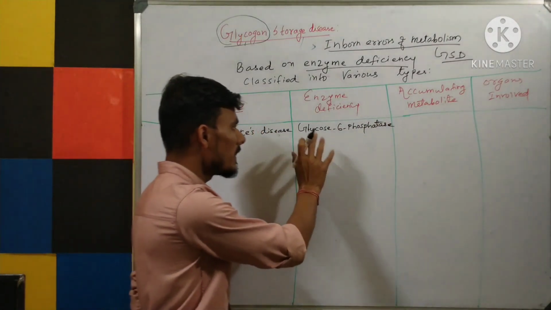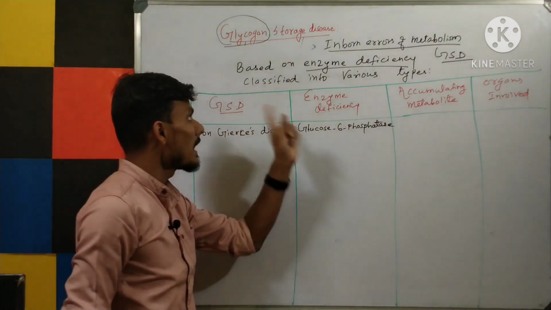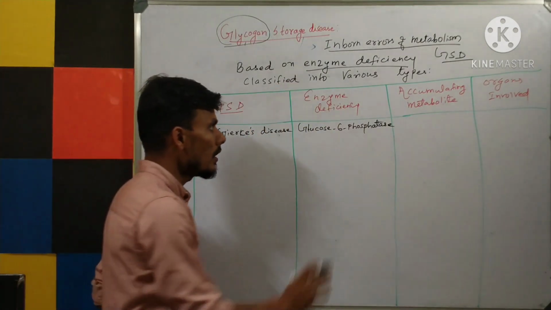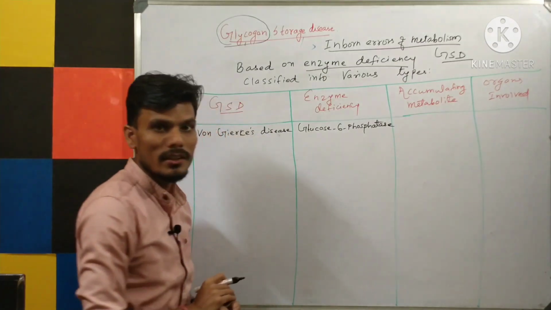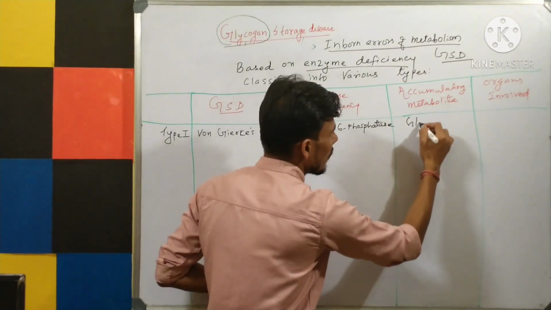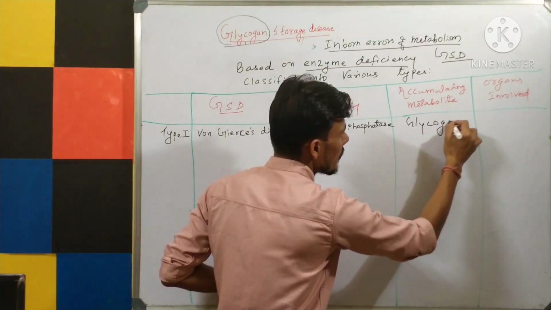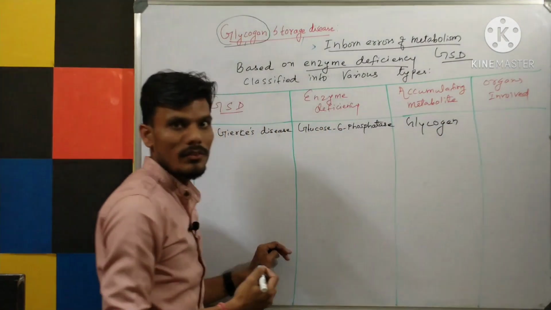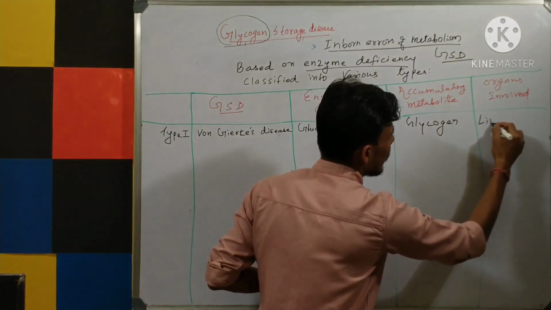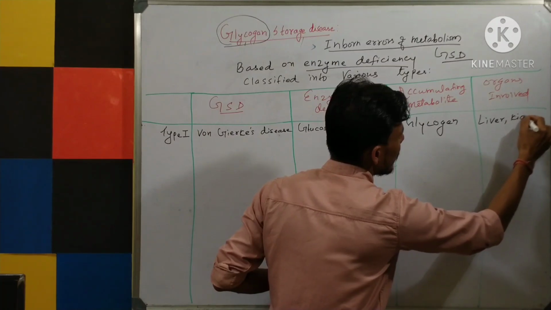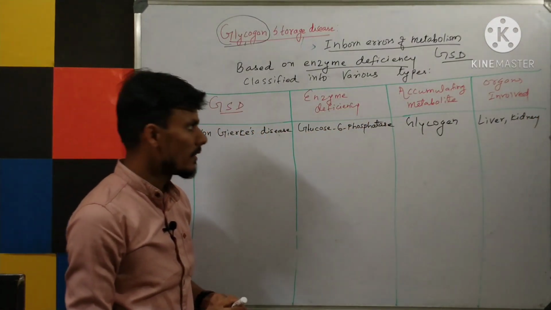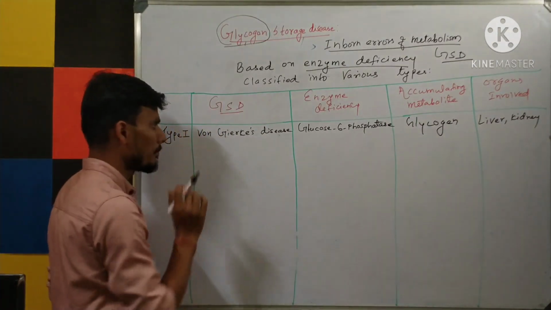It means that in this case, this enzyme is helping the glycogen to convert into glucose. So if this enzyme is deficient, then the glycogen will not be converted into glucose, which will be accumulated there only, and mostly in this case the liver and the kidney are affected, right? So that is type 1.